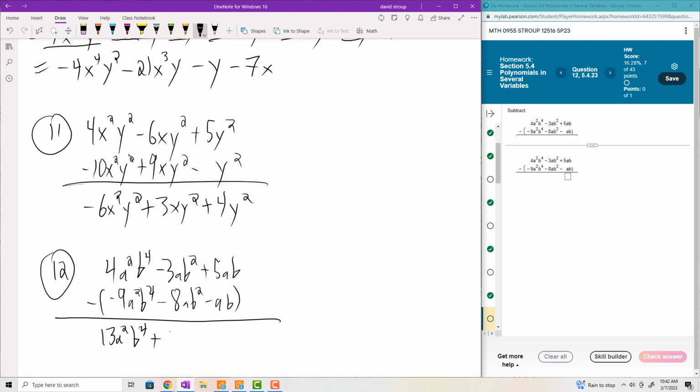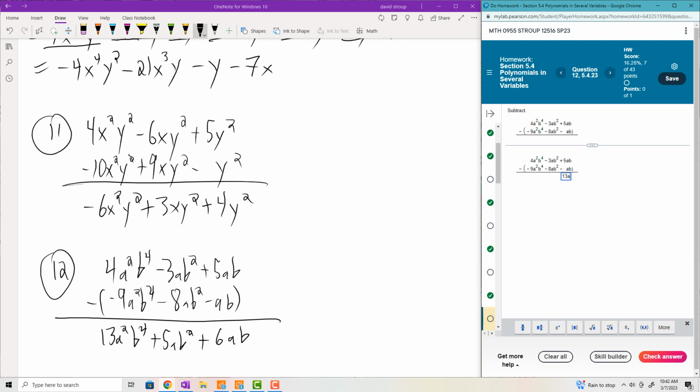That will give you plus 5ab squared. And then finally 5ab minus negative ab is 5ab plus ab, which will be 6ab's. So I should get 13a squared b to the fourth plus 5ab squared plus 6ab.